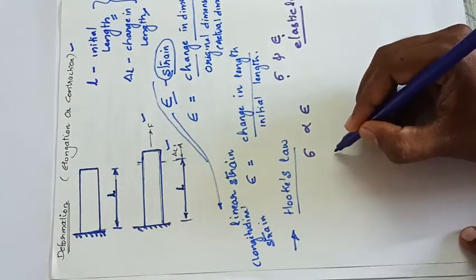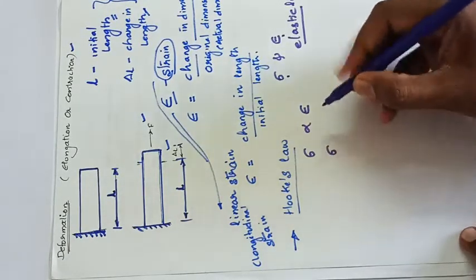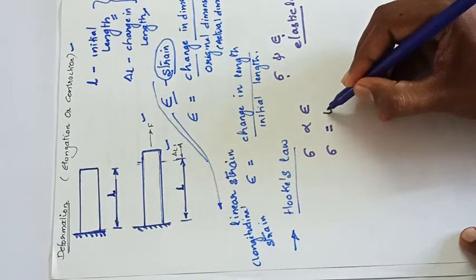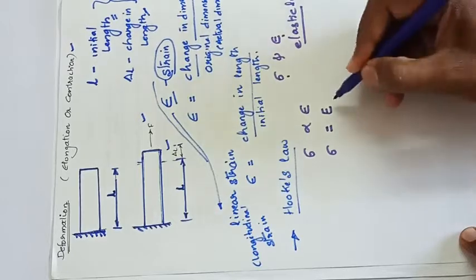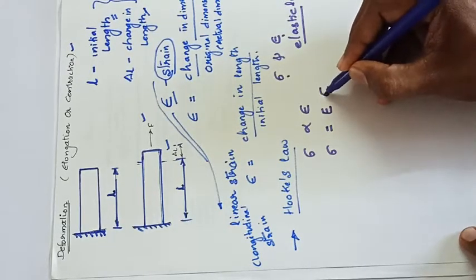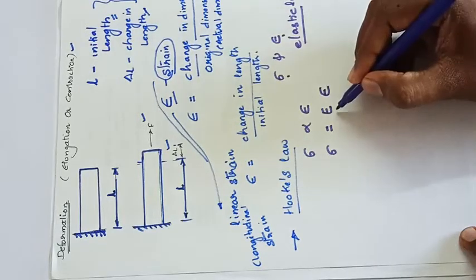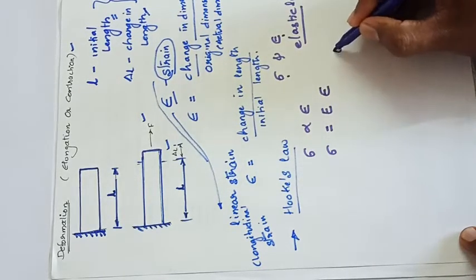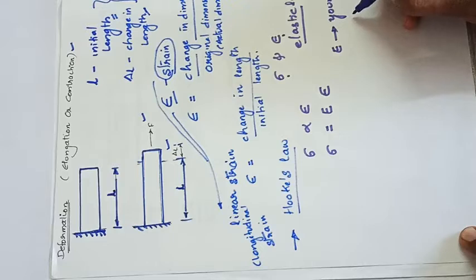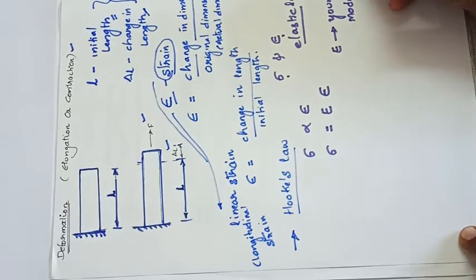If I remove the proportionality sign, it will be replaced with a constant, or with a term E. This E is known as Young's modulus. It is a very, very important term.